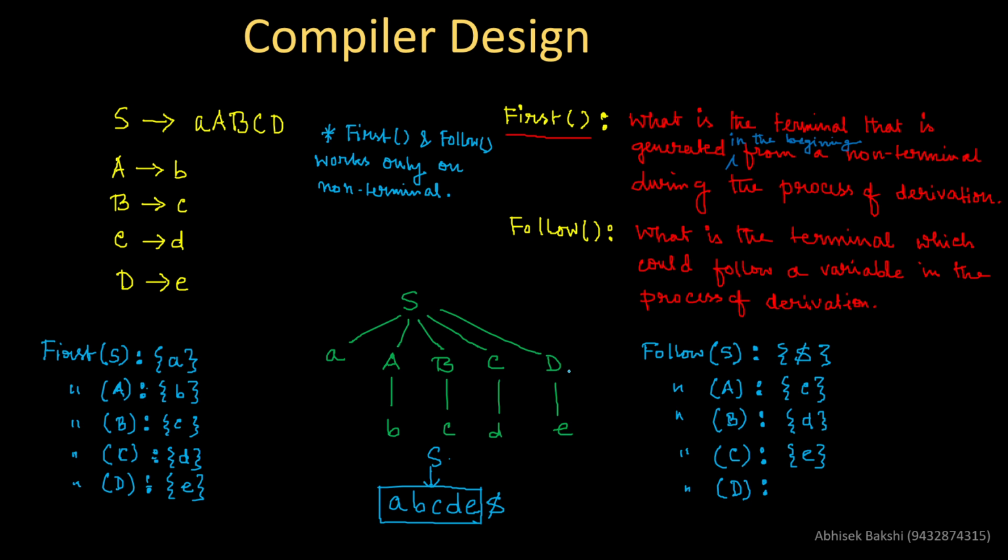What is important is what follows D. Following D is dollar. That means follow of the last character of the RHS is equal to follow of the LHS. Always remember: follow of the last character of the RHS is equal to follow of the LHS. That means follow of D is also dollar.